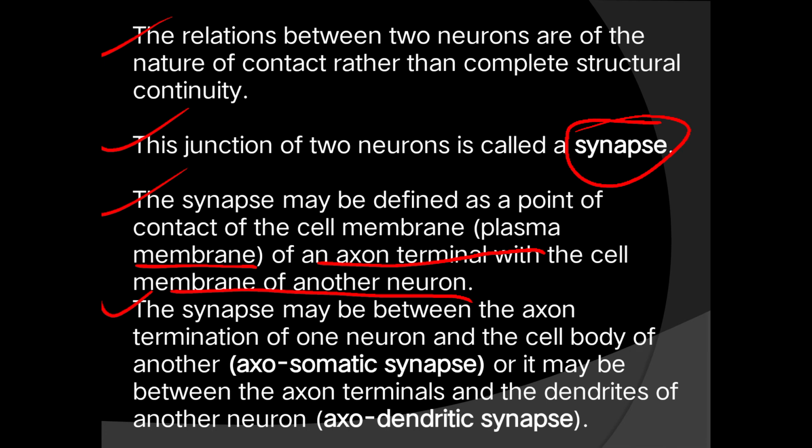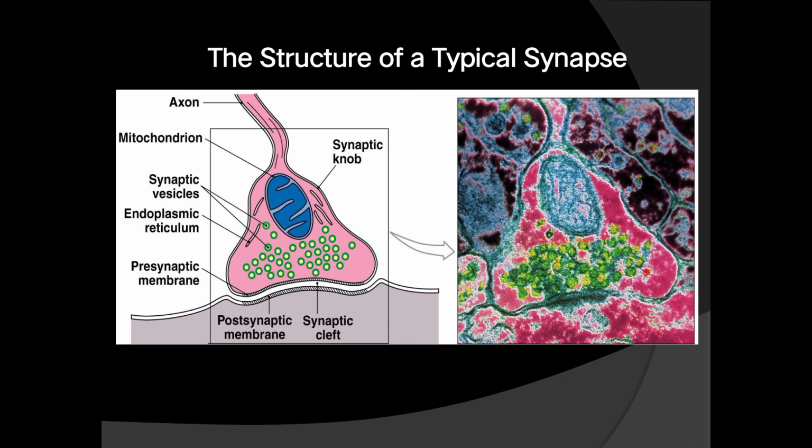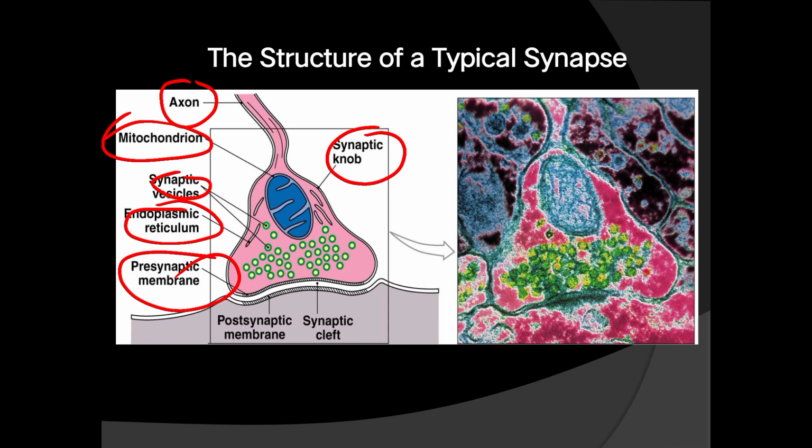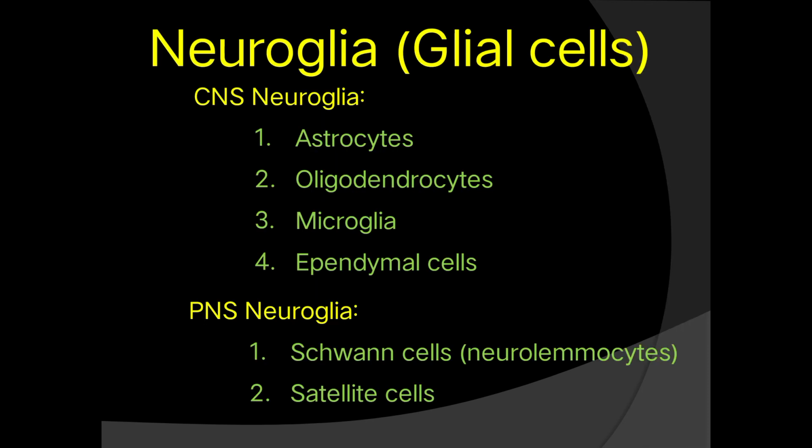So we can divide them accordingly. Here we can see the axon, the mitochondria, the synaptic knob, the synaptic vesicle, and the endoplasmic reticulum. This is the presynaptic membrane, this is the postsynaptic membrane, and this is the synaptic cleft. Like this we can see the differences.